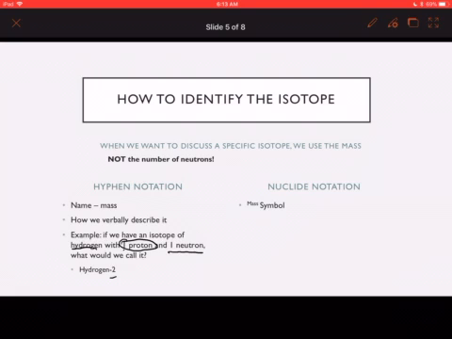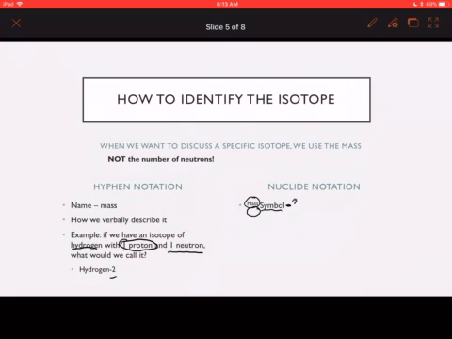Right. So now what about the nuclide notation? This is where in superscript, so above the normal script line, on the left side we put the mass and then the symbol. Sometimes down here in subscript, you will also get the element's atomic number. Both are correct. I just find having the mass is more important because you can always look up what the element is.